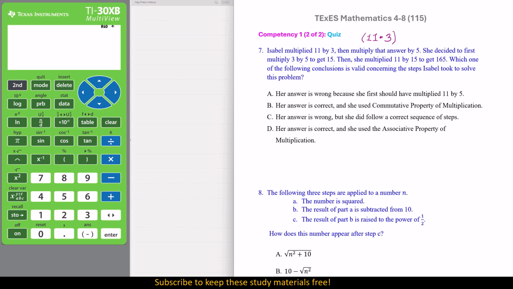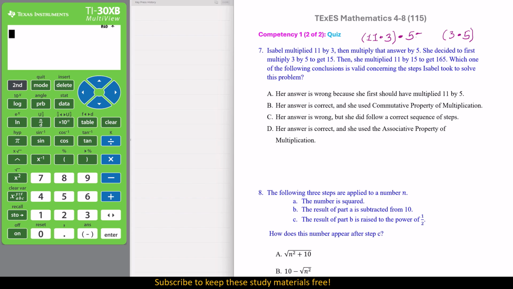Then multiply that answer by 5. She decided to first multiply 3 by 5, to get the 15. Then she multiplied 11 by the 15.